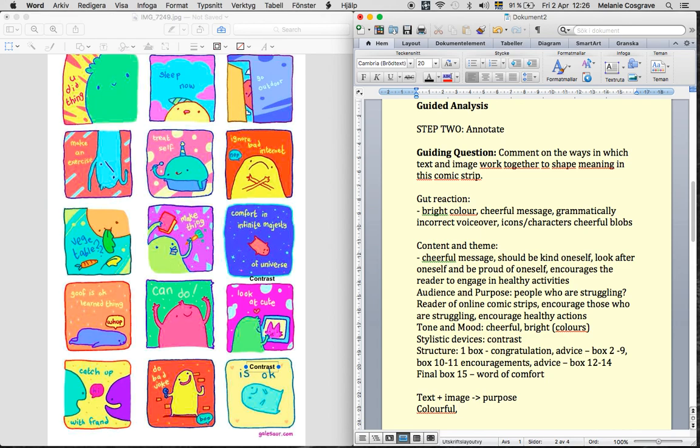So the text, I would say, is colourful. There are several different shapes. More specifically with colourful, we have neon colours. And we have the cheerful characters. And we have background uses as well.